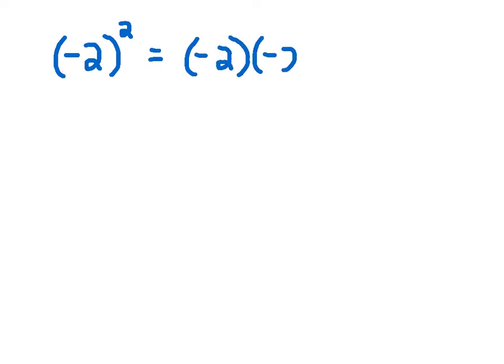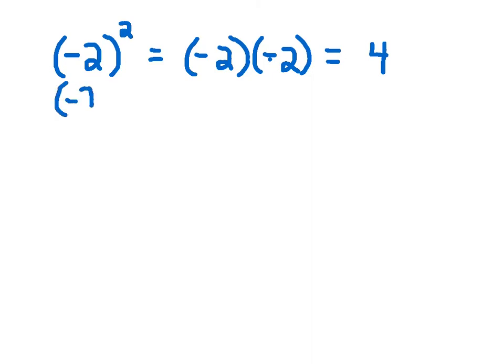And extend this understanding to what happens when I raise negative numbers to powers. So let's just say negative 2 to the second power. We know that if we open that accordion and expand it, that means negative 2 times negative 2. I have 2 negative signs, and therefore it equals a positive 4. 1, 2 is an even number, and an even number of negatives make a positive.